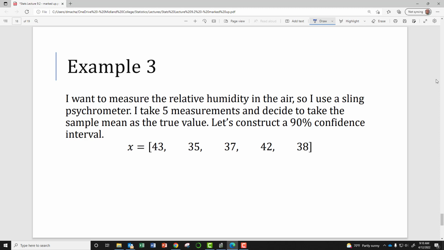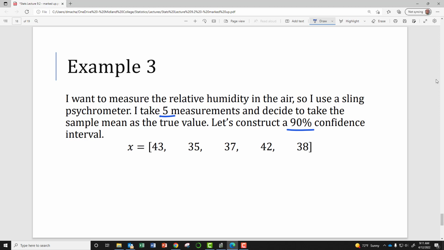So I'm going to take 5 measurements, and then I'll take the sample mean of those 5 measurements and say that that is the true value, or it's at least my best estimate of the true value. Then we're going to construct a 90% confidence interval, remembering that the confidence interval is sort of saying, I think my true population mean, or the true value of the humidity in this case, falls inside that interval.